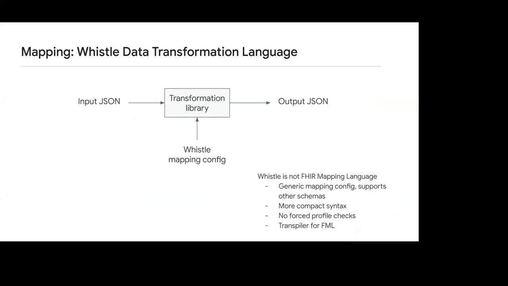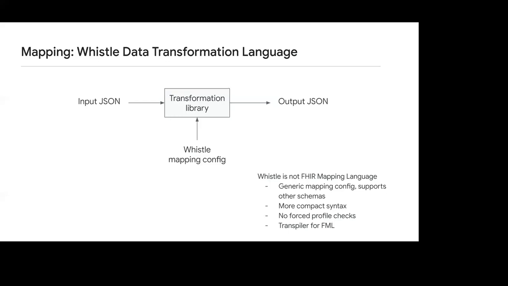The approach that we take is twofold. The first is around mapping, where we are introducing a WSDL data transformation language that takes JSON as an input. You can run a WSDL mapping config against it and get JSON as an output. Now, the first question that I hear you ask is, wait a minute, don't we have the FHIR mapping language? We do, and WSDL is not the FHIR mapping language.